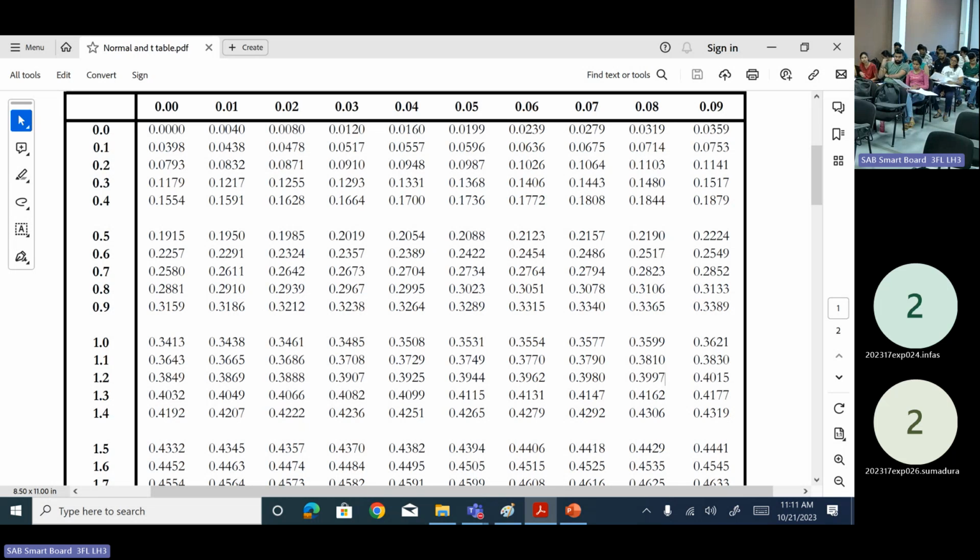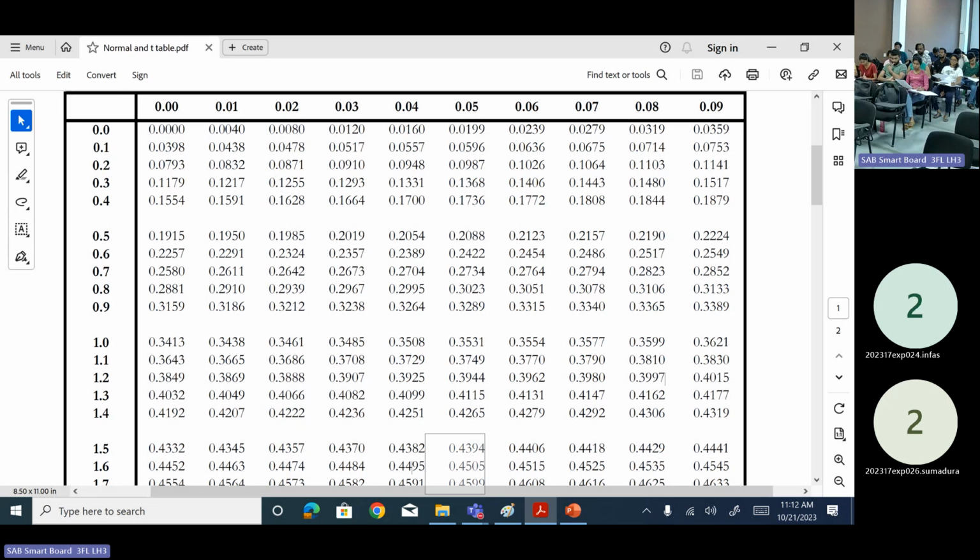If you go for the lower value, the reference value is 1.64. If you go for the higher one, the reference value is 1.65. You have to take the average of those two, because the two values are the same distance.